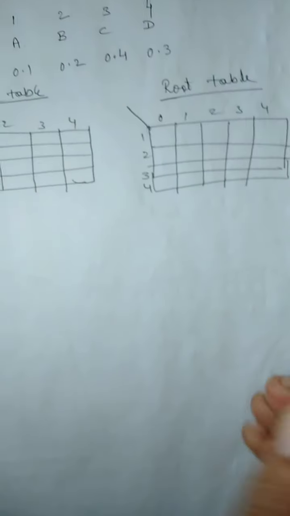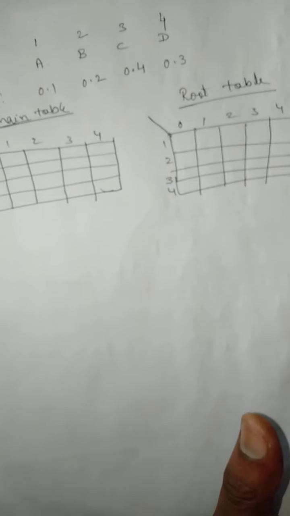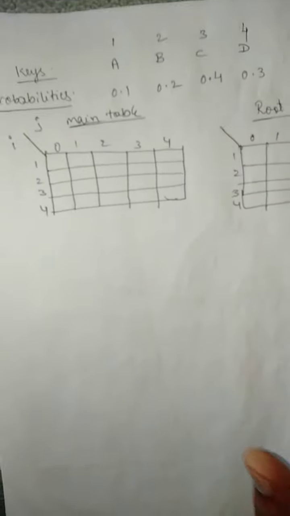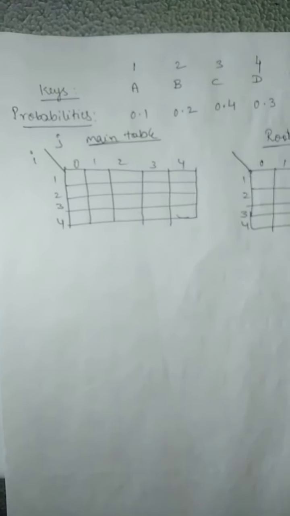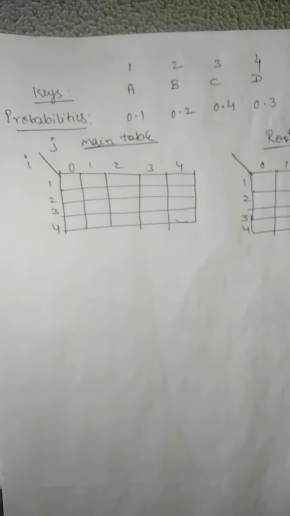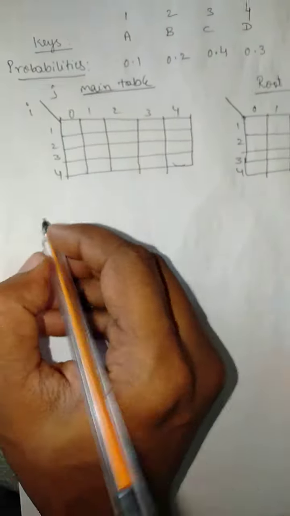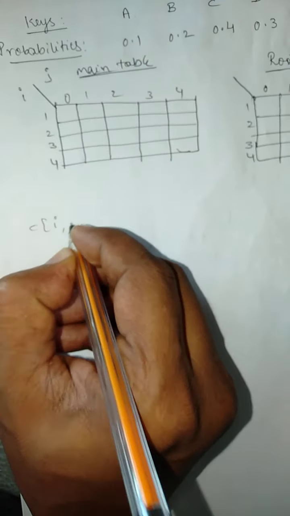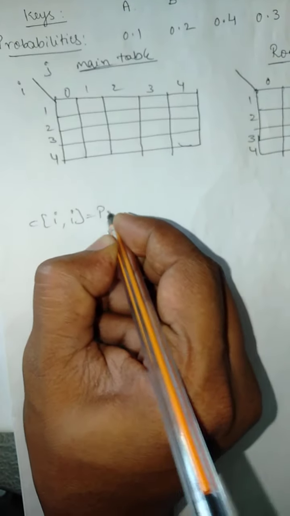Now we shall begin with C of i comma i. What is C of i comma i? It is the probability of i.